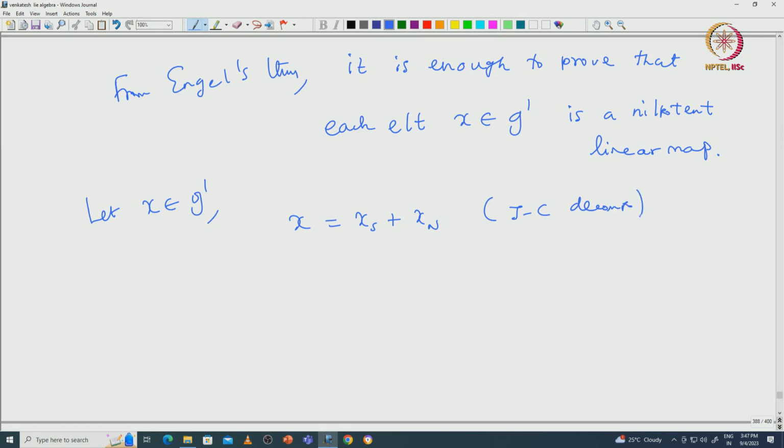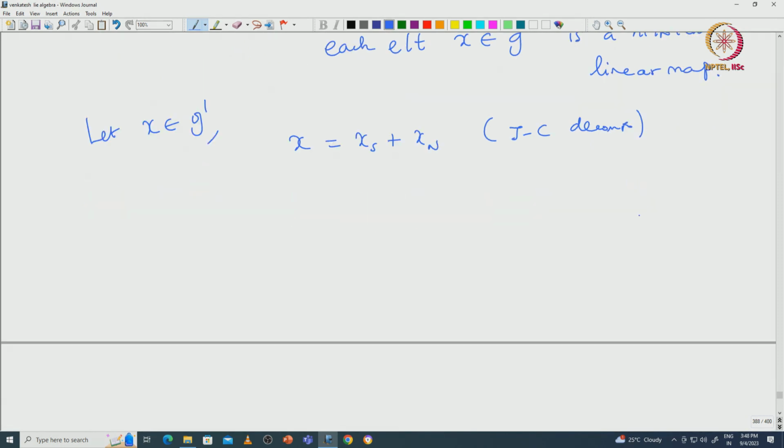In order to prove that x is actually nilpotent, we need to prove that this xs, the semi-simple part, is actually 0. So, we fix a basis since all these operators x, xs, xn mutually commute.